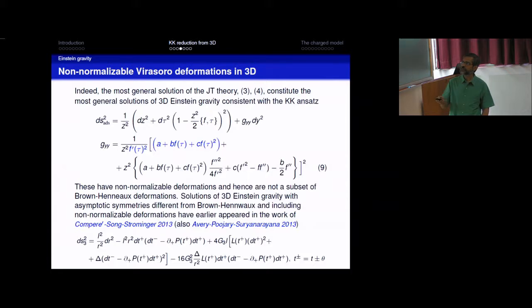So there is a non-normalizable part here, and the various normalizable deformations depend on that. So there is a U1 cross Virasoro set of transformations expressed in this way in the 3D metric.